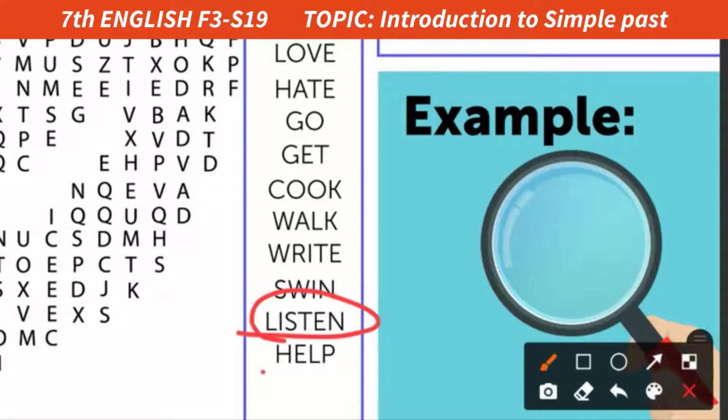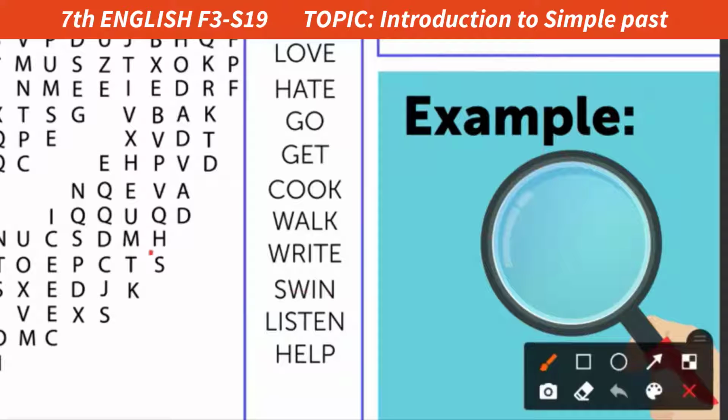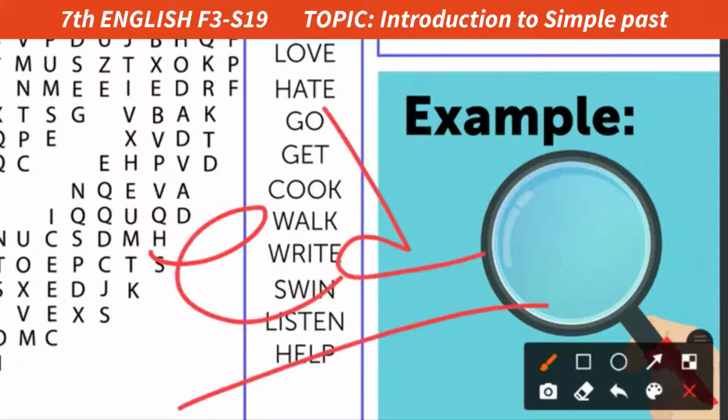Listen, yes, helped, all those verbs are regular. Todos los verbs that I have circled are regular. They all finish in ed.